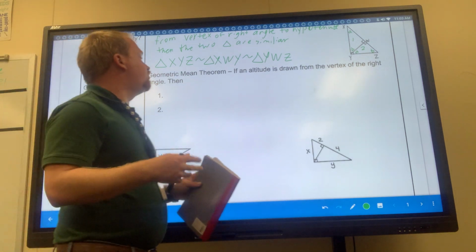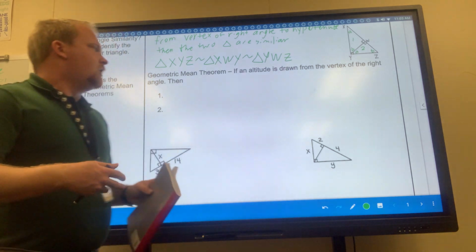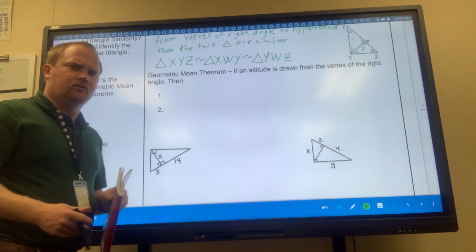Next, we have the geometric mean theorem. This is where we actually start using geometric mean, because it helps us find different lengths of a triangle.